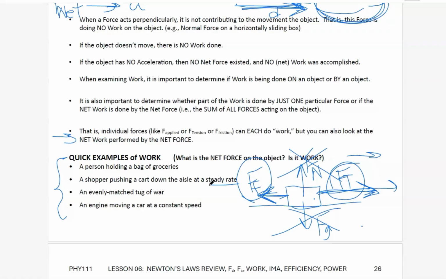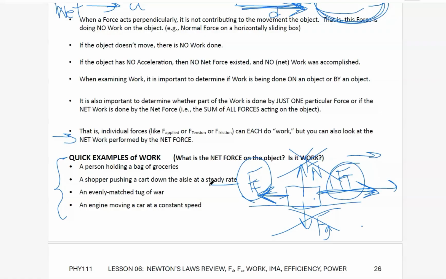The real work is how much force they put on the ground to beat the other team. They're pushing against the ground with friction force to try to pull the other team. But they're not doing any work on the rope, because if they're evenly matched, neither team is winning and they're not going anywhere. So there's zero displacement in those situations.